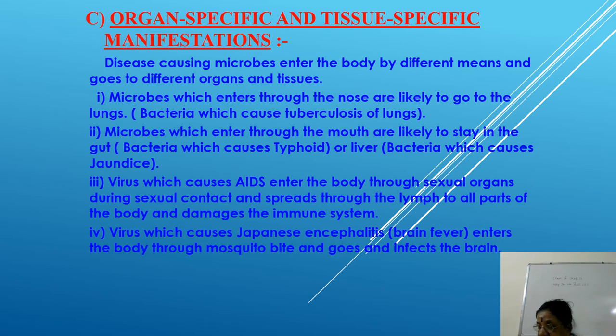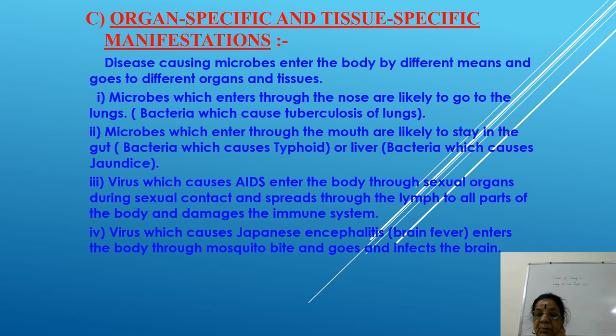In some cases, the tissue specificity of the infection leads to very general seeming effects. For example, the HIV virus goes into the immune system and damages its function. Actually, it affects the lymphocytes.